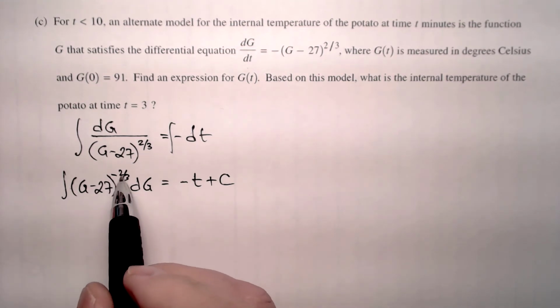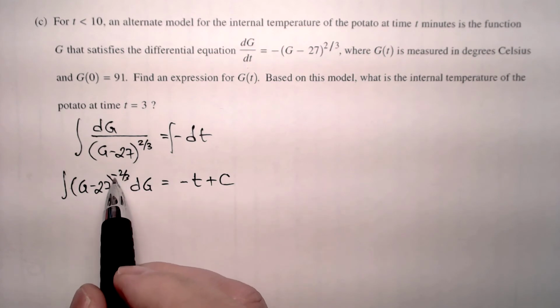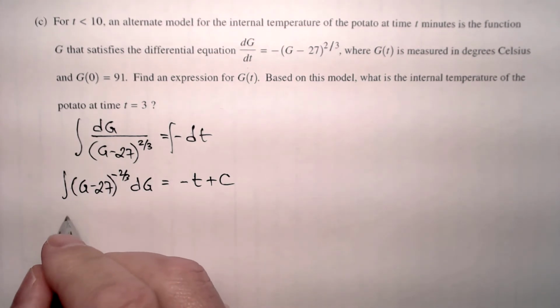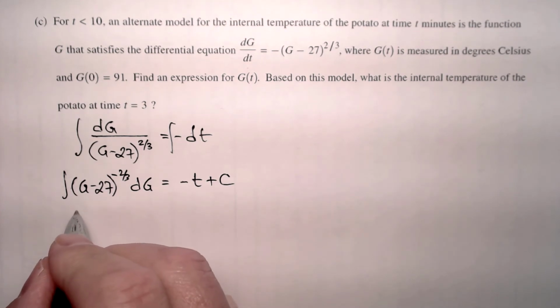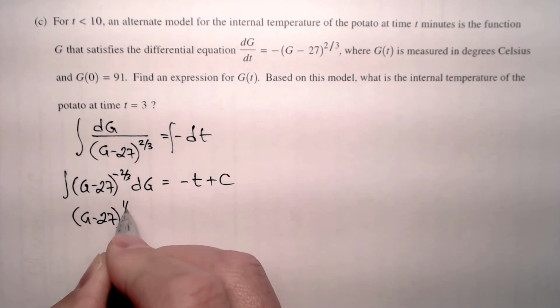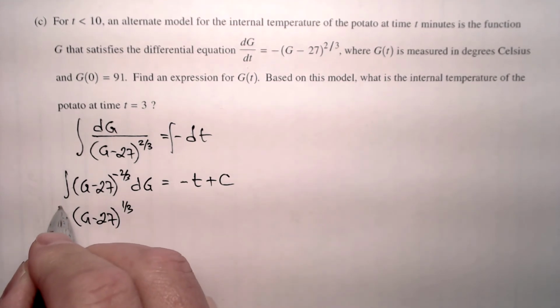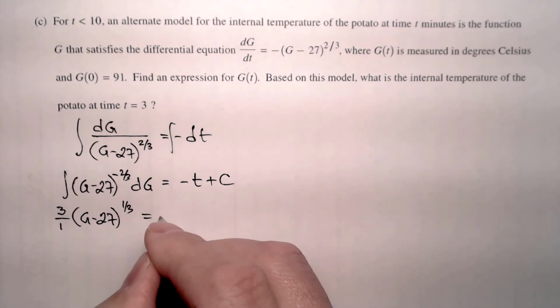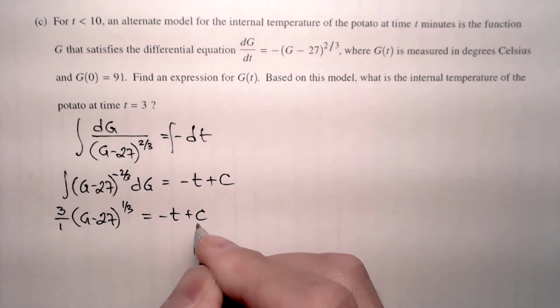And now I wrote this way because we see that this is a power function with a power negative 2/3. So integrating this, we will get g minus 27 to the power 1/3, and then this one will be 3 over 1, equal to negative t plus c.